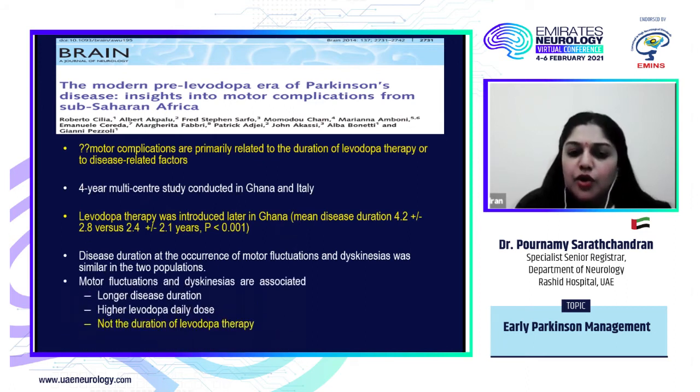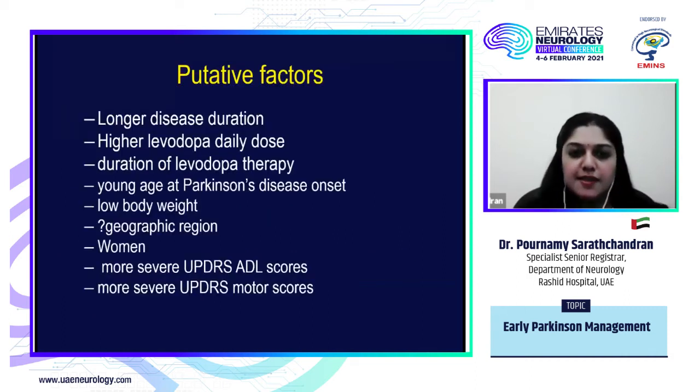And they found out that motor fluctuations and dyskinesias are associated with a longer duration of Parkinson's disease and higher levodopa daily dose, and not with the duration of levodopa therapy. So those who have been initiated on levodopa from the beginning and those who have been started on levodopa around 2 years later developed motor fluctuations and dyskinesias in a similar fashion after a long duration of disease.